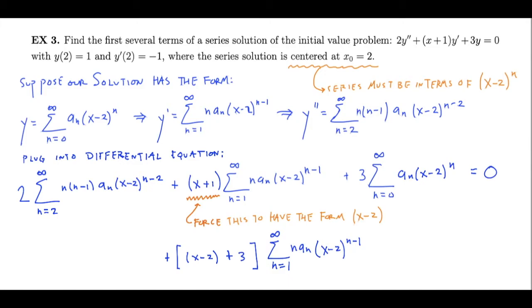Now, as we've seen in previous examples, I'll distribute both of these through to the series. When I distribute this 3 through to the series, that doesn't affect the power terms at all. It just introduces an extra coefficient. When I distribute this x minus 2 through, each of these power terms will be multiplied by an additional x minus 2 term, so the exponent on those power terms will increase by 1.